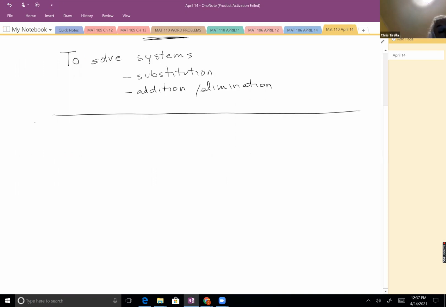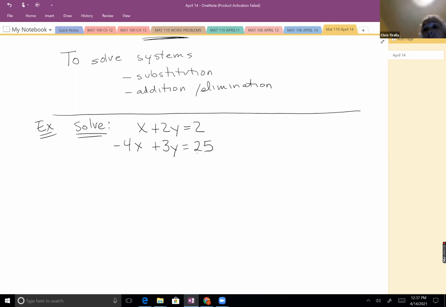So next example, we're going to solve, I guess we could use the method of your choice. I'll let you guys pick. If I have the system x plus 2y equals 2, negative 4x plus 3y equals 25, would you folks choose to solve this using substitution, using addition, or what?